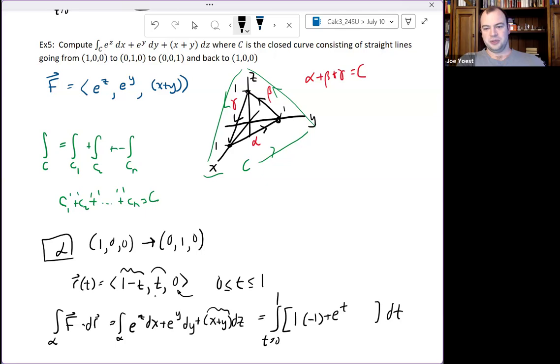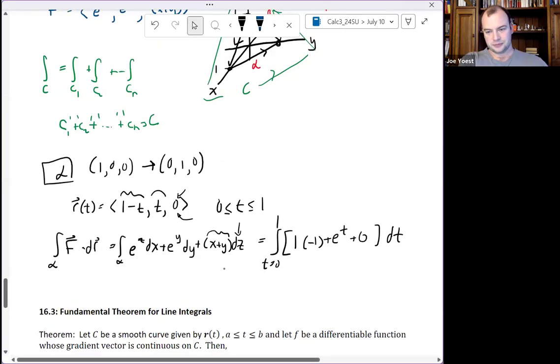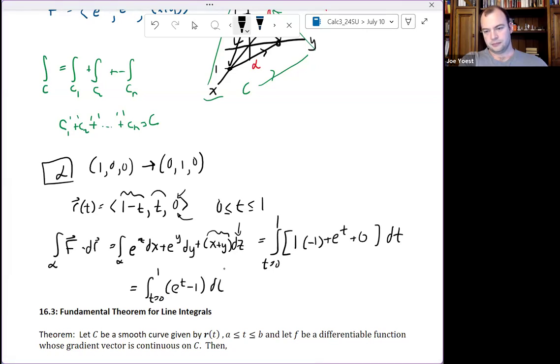And then plus x plus y, but then I have dz, and z of t is just 0, so dz is just 0 dt. So I'm integrating e to the t minus 1 dt from 0 to 1.